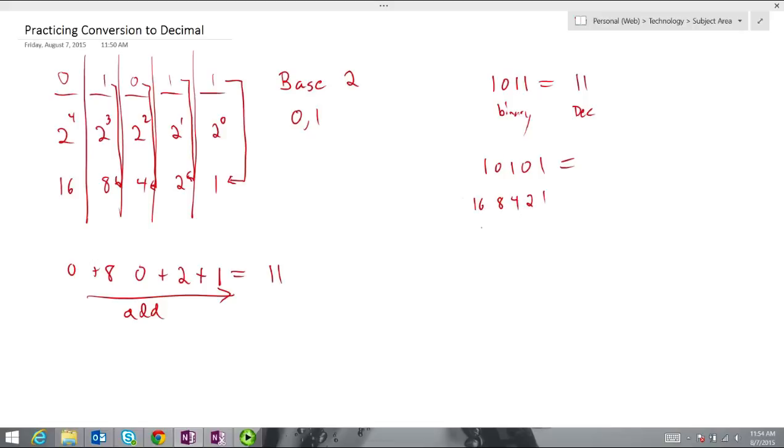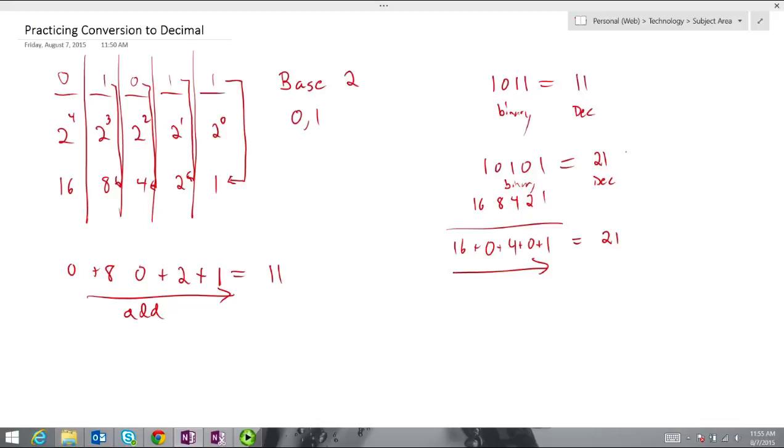So there are my columns. So now I multiply downward. 1 times 1 is 1, 0 times 2 is 0, plus sign in between. 1 times 4 is 4, 0 times 8 is 0, and 1 times 16 is 16. Then I add across. 16 plus 4 plus 1 is 21. So this binary number is equivalent to 21 decimal.